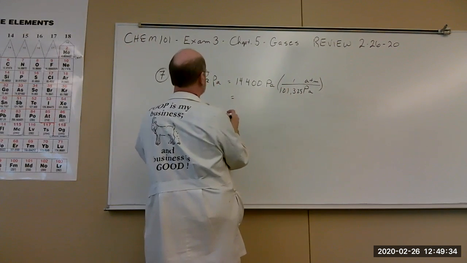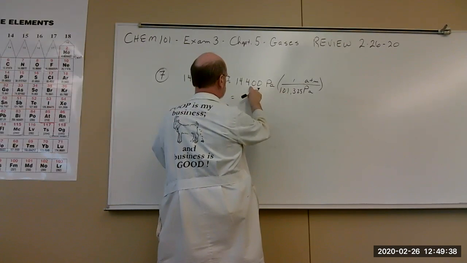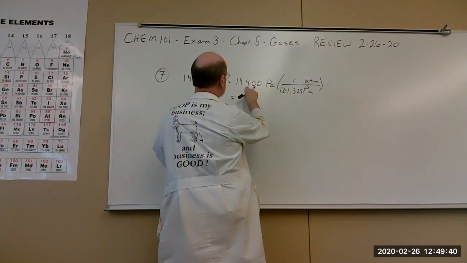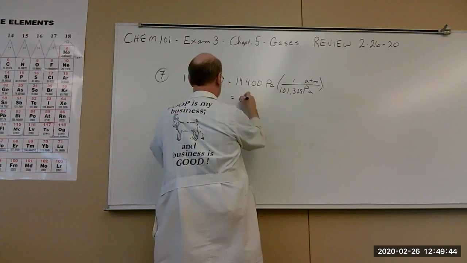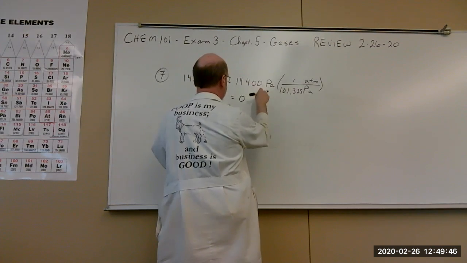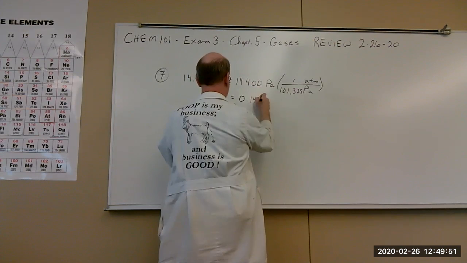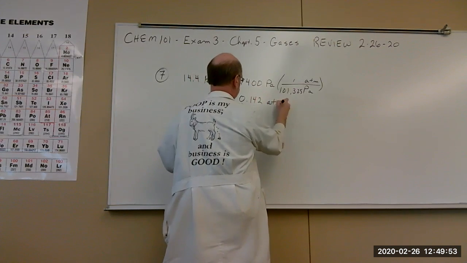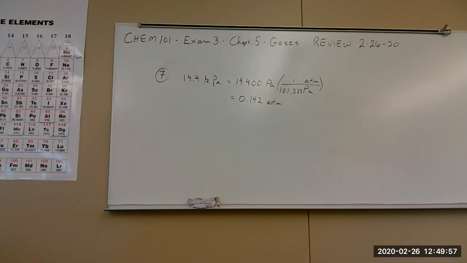Wait. No, less than an atmosphere, excuse me, because that's smaller than this. Oh, no, that's 14,000. Yeah, it's going to be a lot less. I was mentally adding another zero in there. There we go. 0.142.